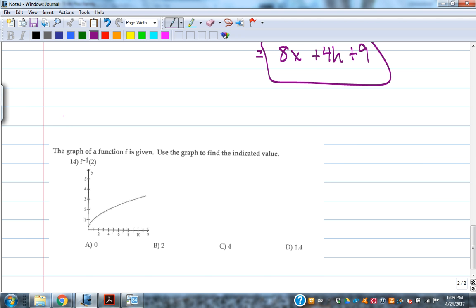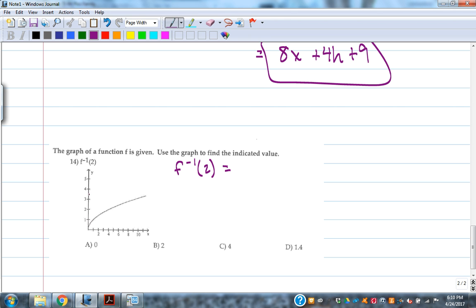All right. So we got a graph, and they want us to find the inverse of that function. So the graph of the f is drawn. Use the graph to find the indicated value. So f inverse of 2.